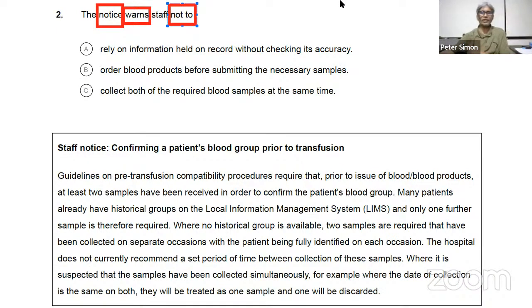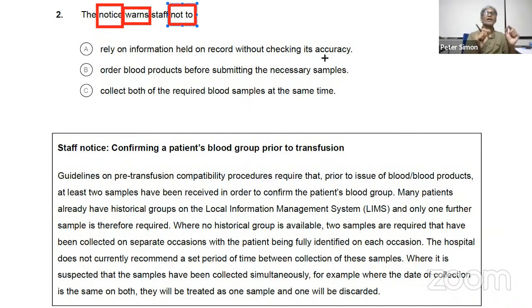Now let us see here very carefully. Rely on information held on record without checking its accuracy. Not to rely, not to depend on, not to take it for granted without checking its accuracy. So check its accuracy and then depend. There itself we can understand. We need not go into the passage. Rely means trust.